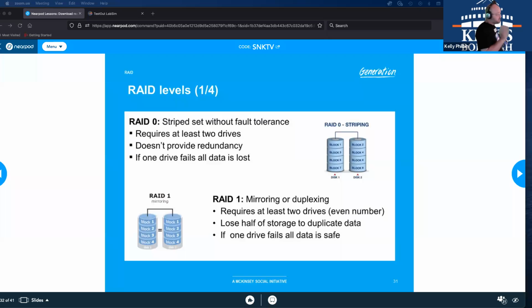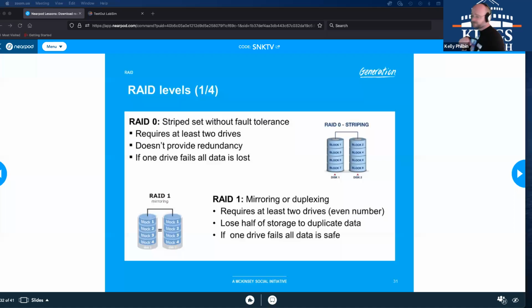So RAID 0, though it is faster, you're increasing your risk, because the risk of 1 of 3 drives failing is much higher than the risk of just a single drive failing. But you do gain additional speed. But because of that data risk, RAID 0 is pretty rarely used. You do get a lot more storage space, but again, the risk outweighs the benefits, so people tend not to gravitate towards a RAID 0.